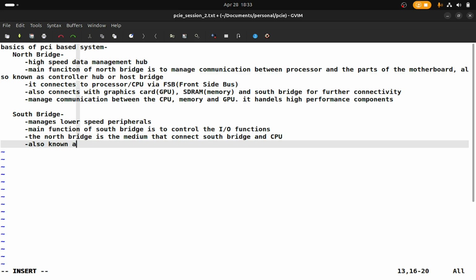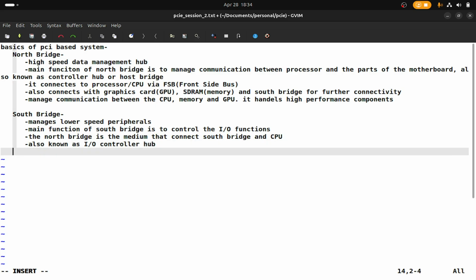It is also known as IO controller hub. Fine.